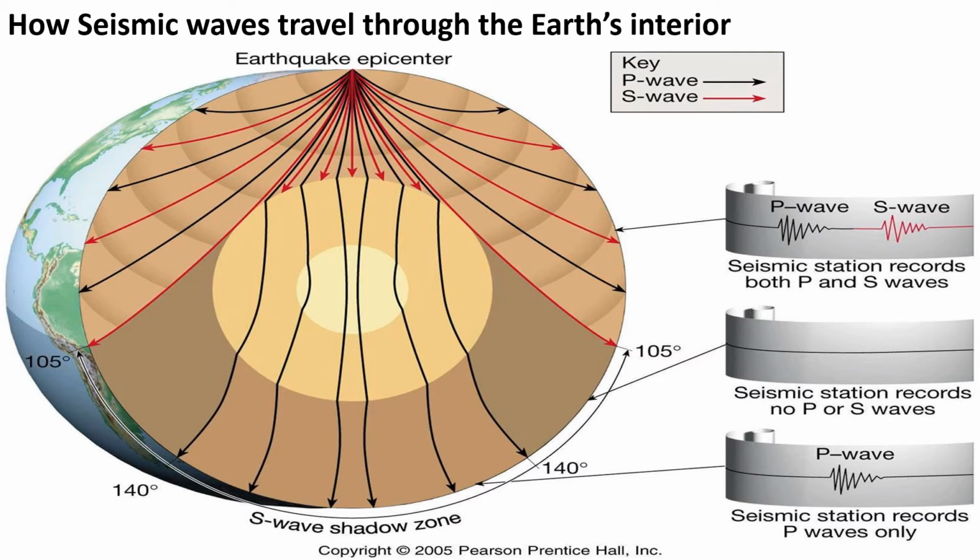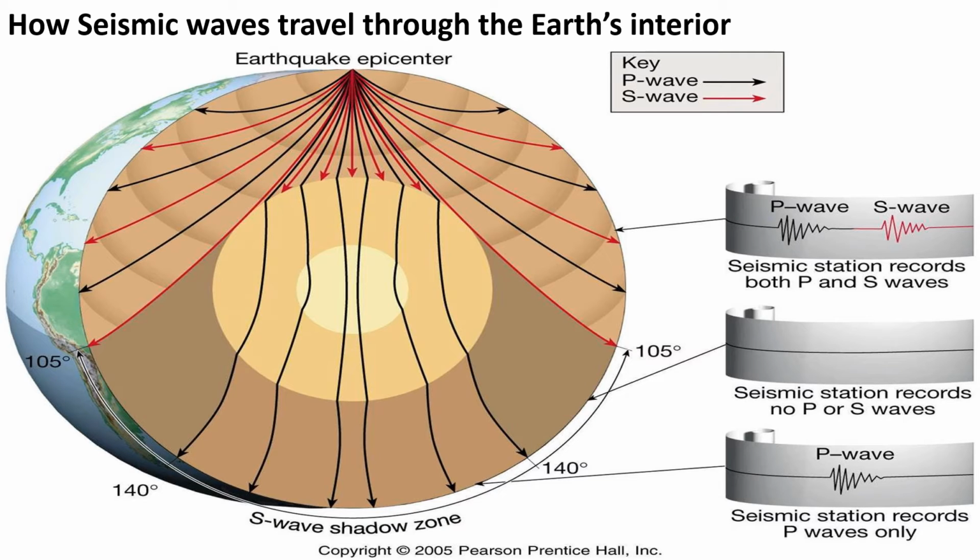Nakikita nyo naman ang mga arrows. So, if you try to follow the direction, you have here the P wave. So, nakikita nyo kung saan yung P waves and the S waves. So, the P waves, it is the color black. So, where did they pass? And also the red one, that is the S wave.